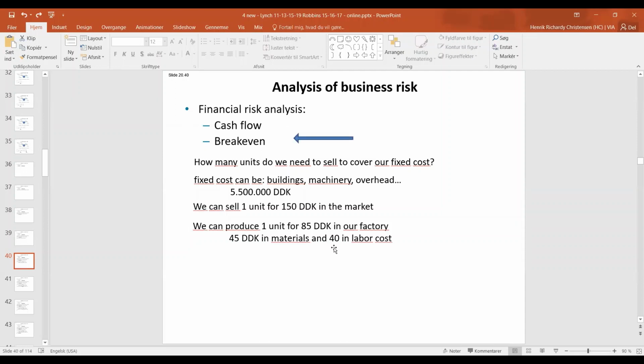That means when we have a labor cost of 40 Danish, the calculation is that when we produce one unit, we spend 45 on materials from the supplier, and our employees spend 15 minutes on producing it, and that means we have to pay the employee for his labor in 15 minutes.